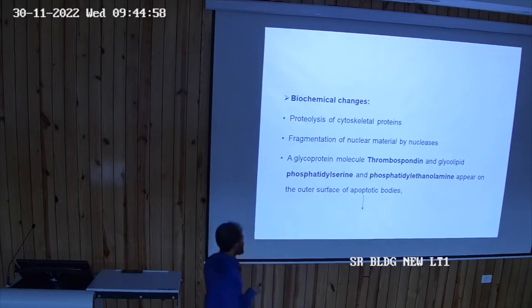Those are thrombospondin, this is a glycoprotein, and this is a glycolipid, आपने पढ़ा था phosphatidyl serine and phosphatidyl ethanolamine. नहीं पढ़ा था ना?